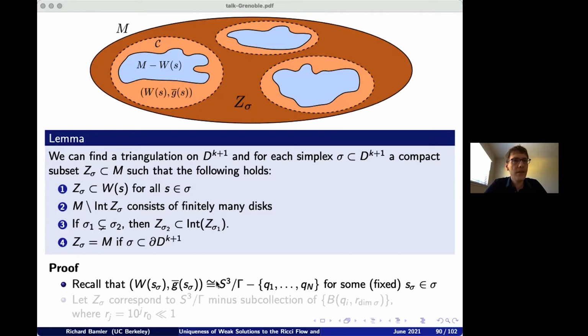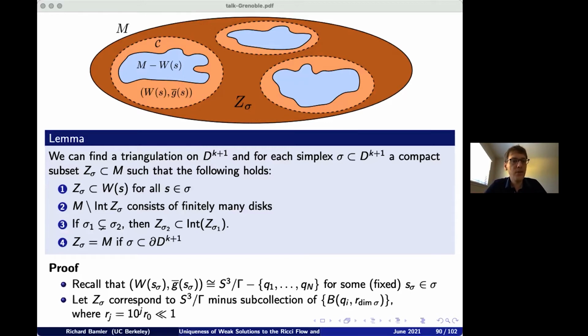Okay, so this, recall, is isometric to a punctured round spherical space form. And so these punctures in the spherical space form really correspond to these holes. So within the metric on W, these holes just look like points. Okay?